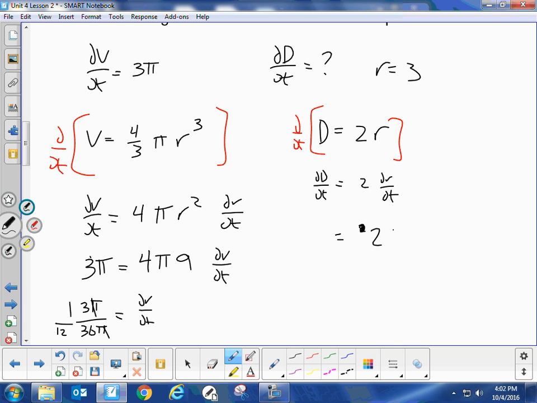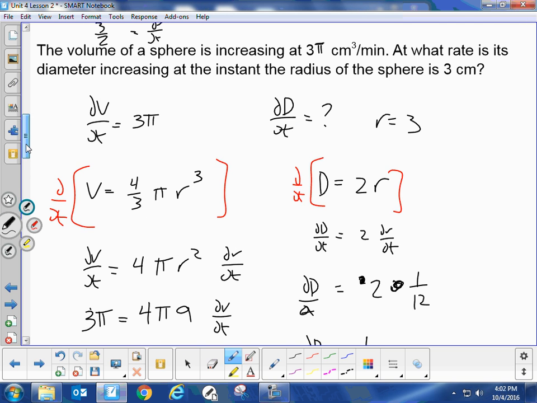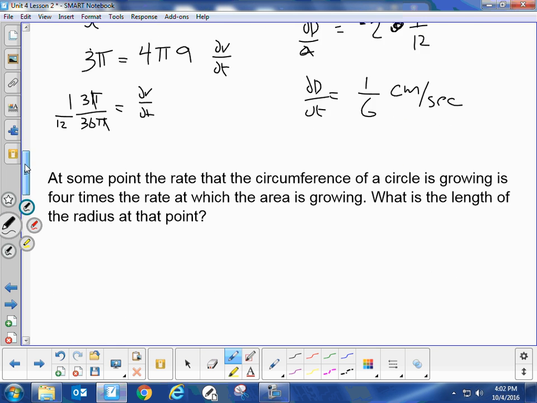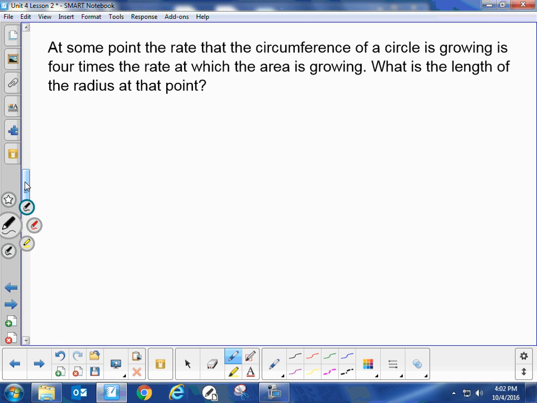So I would multiply that by 2 to get dD/dt. 1/6. It is a centimeter, a unit to the first power per second. Okay, so that's the relationship there.